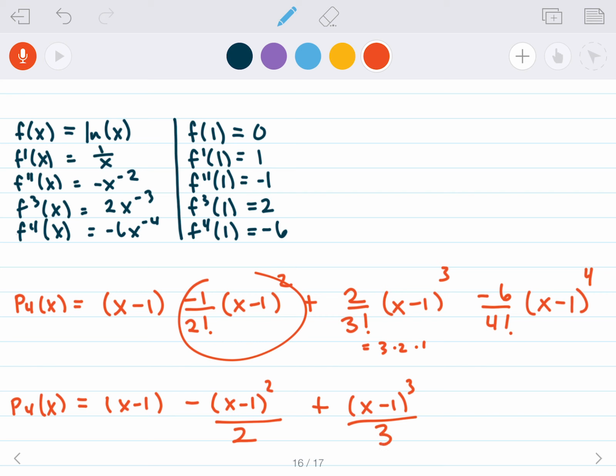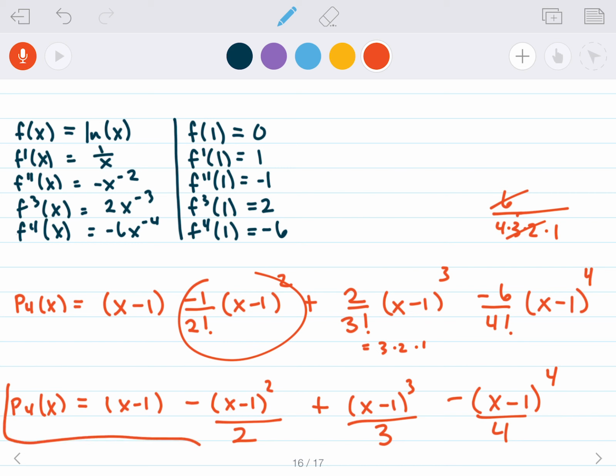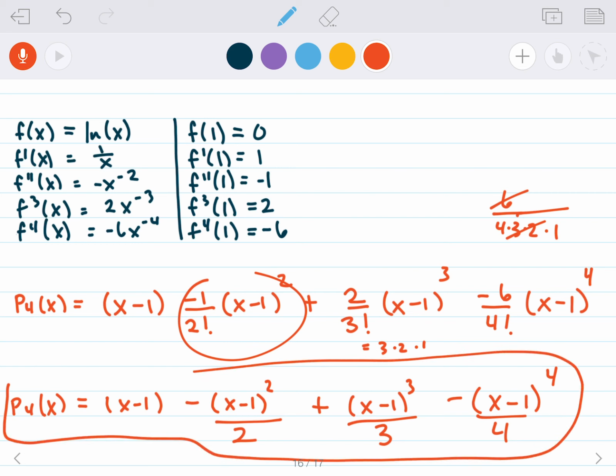And negative 6 divided by 4 factorial, well, we have 6 over 4 times 3 times 2 times 1. And so the 6 cancels out on top and bottom to just leave us with 4 on the bottom. So we have negative x minus 1 to the fourth over 4. And so this guy is going to be our degree 4 polynomial that approximates the function ln of x.